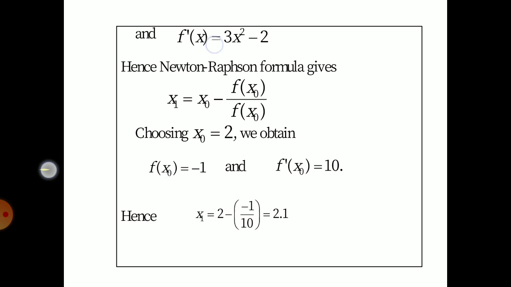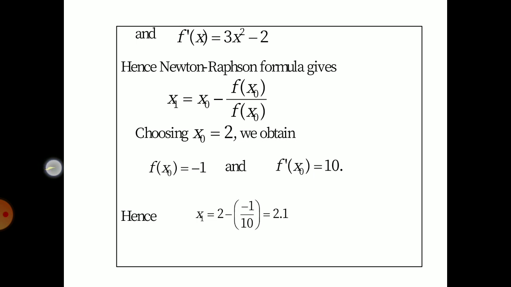Then find f dash of x0, meaning put x equals 2 in this equation: 3 into 2 square, that is 2 square is 4, into 3 is 12, minus 2 is 10, and therefore f dash of x0 equals 10.